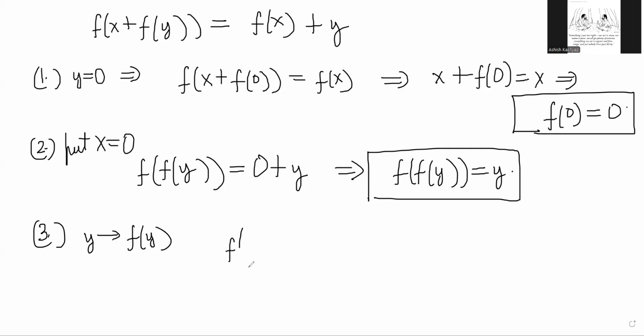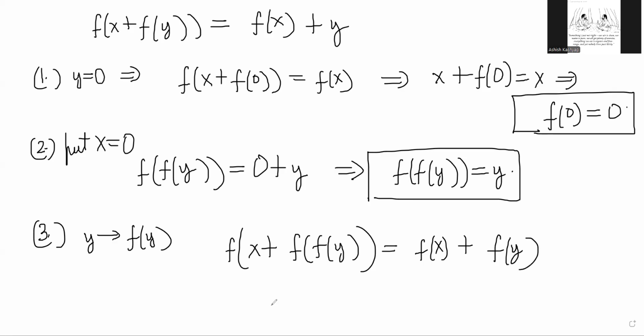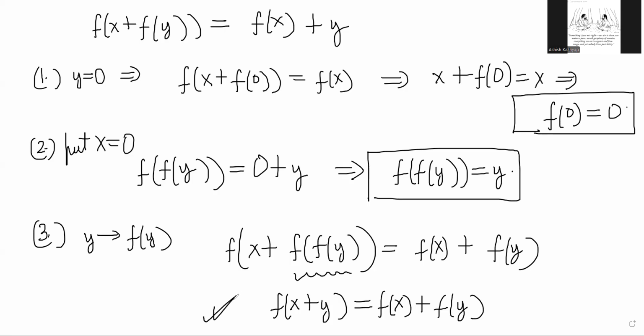So what will happen? f of x plus f of y is equal to f of x plus f of y, right? And now we know from point number 2 that f of y is y. So this is simply f of x plus y is equal to f of x plus f of y. And this is a famous Cauchy's equation. The solutions of this equation are easy. You can prove by induction that f of x is equal to x times f of 1 is a solution.